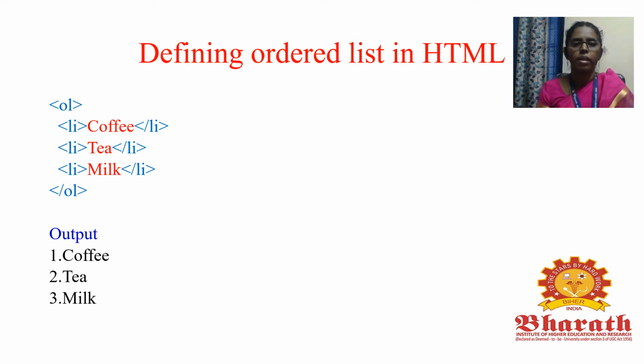Since all these list items are embedded within this OL tag, the list items will be displayed in a numbered sequence. If you look at the output, the list items coffee, tea and milk are listed in numbered sequence, that is 1, 2, 3. So we can understand very easily what an ordered list is. An ordered list is nothing but related data items that are arranged in numbered sequence.